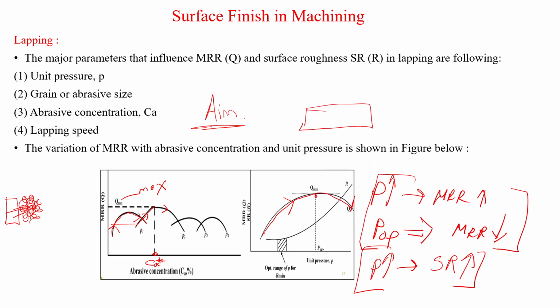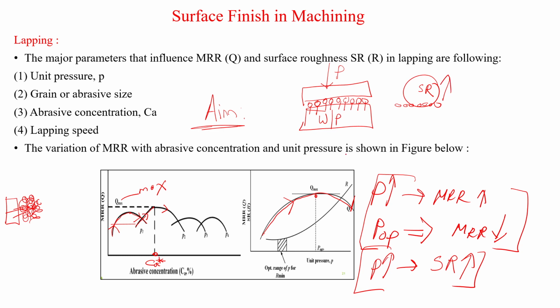You have this workpiece, and you have these abrasives, and you have this plate on which you are applying pressure, right? When you apply a very high pressure, these abrasives will hit the workpiece very hard. Because of that high-energy contact of the abrasive with the workpiece, the abrasives create some impressions on the workpiece. Because of that, surface roughness ultimately increases.